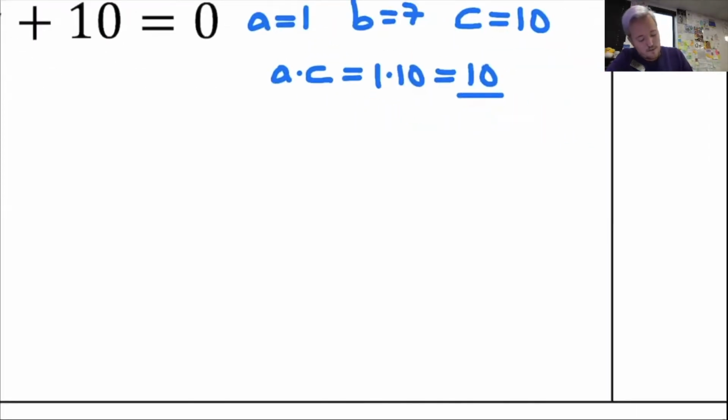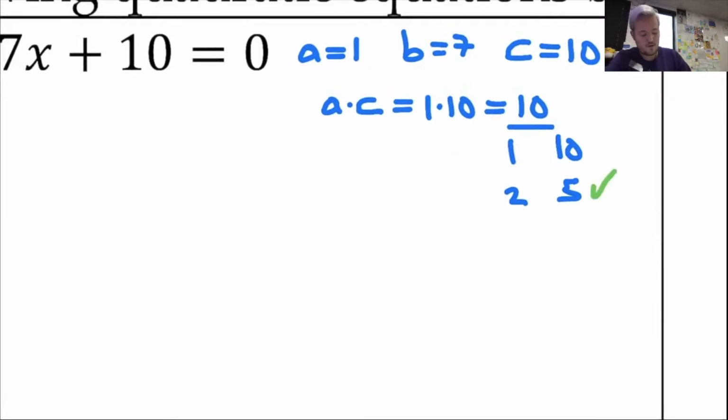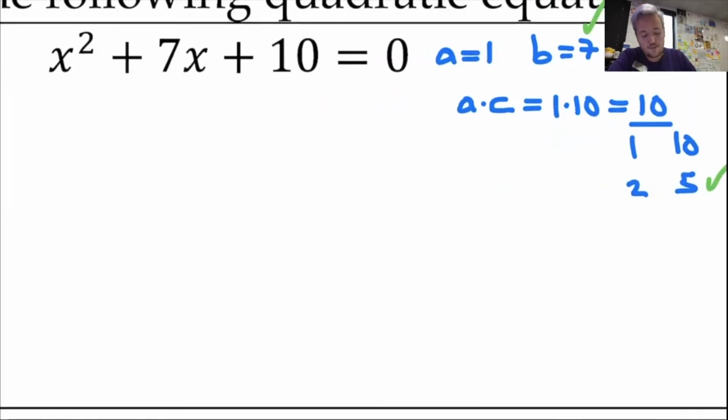So factors of 10, we have 1 and 10, and then we have 2 and 5. My factors that are going to add up to 7 are 2 and 5. So those are the numbers I'm going to use to split the middle. When I say split the middle, I'm splitting the B term, the middle term. So this 7x is then going to turn into something else.